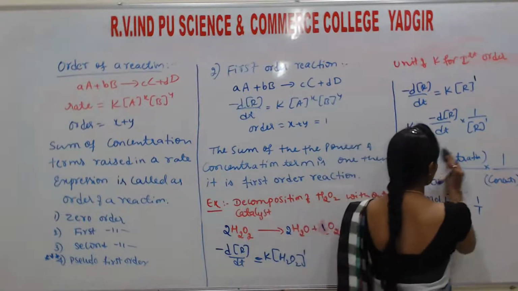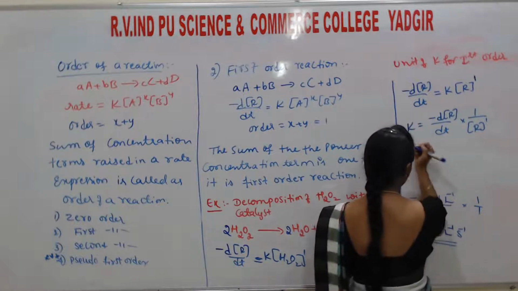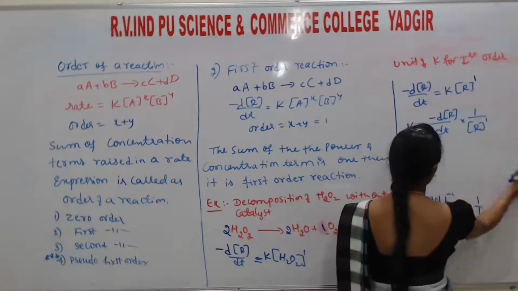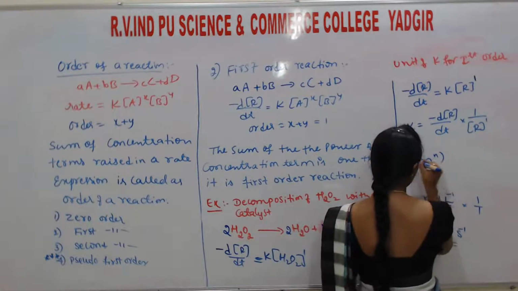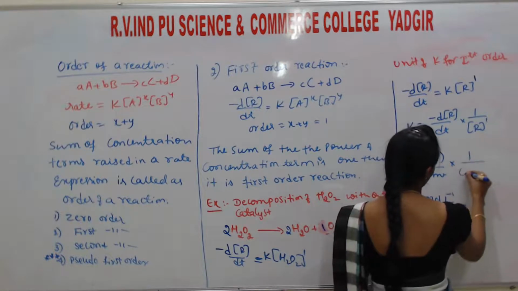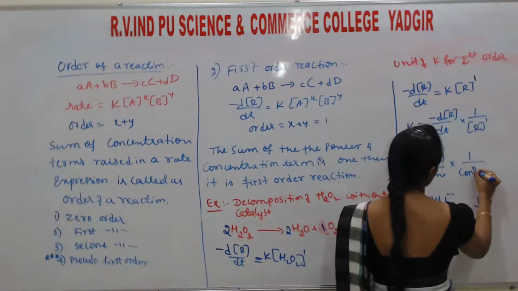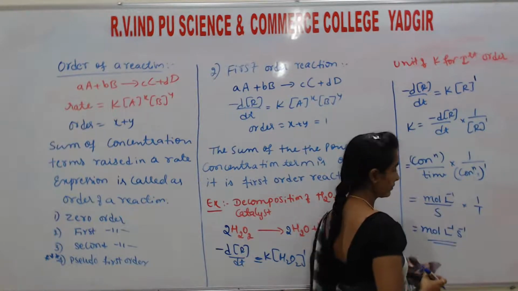Correct? So this is concentration by time into 1 divided by concentration to the power of how much? 1. Correct?